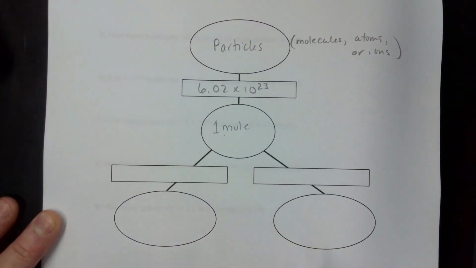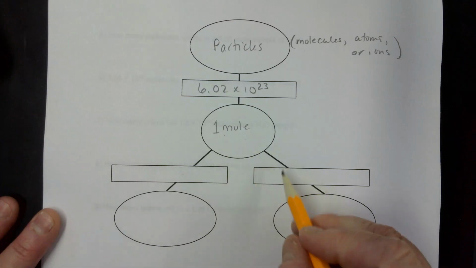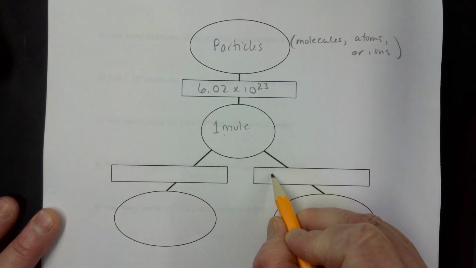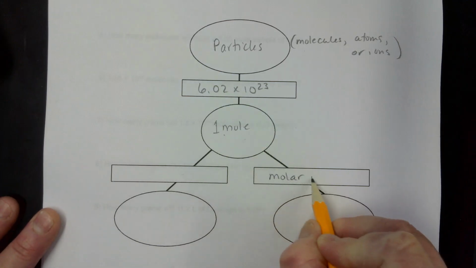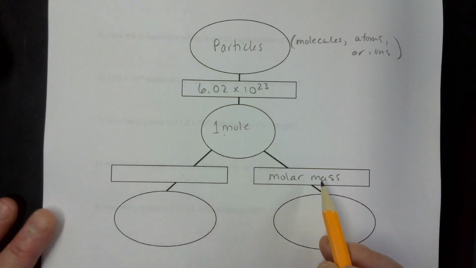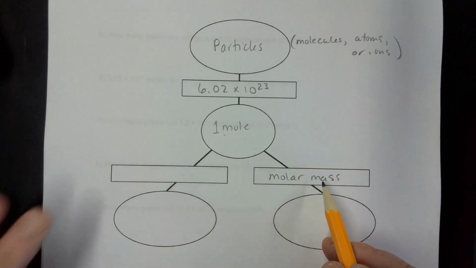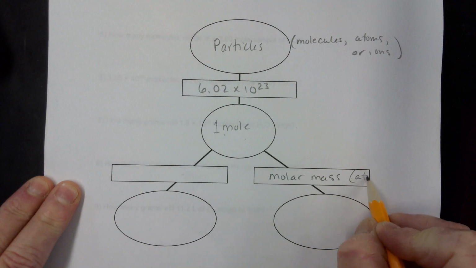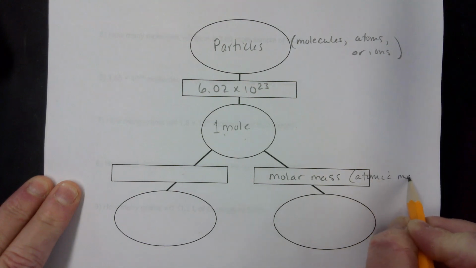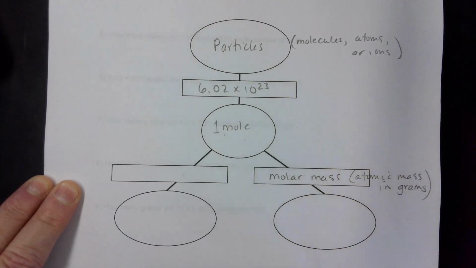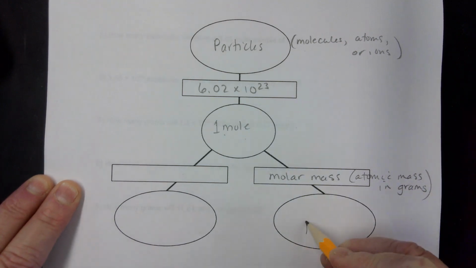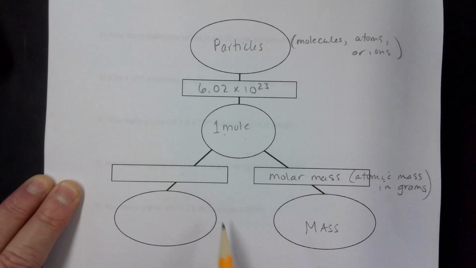We have learned and have been working with molar mass. So 1 mole of a substance will weigh its molar mass, which is effectively the atomic mass in grams. And that will help us convert to mass.